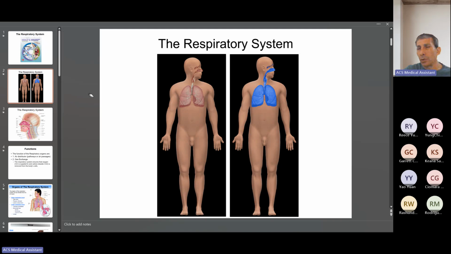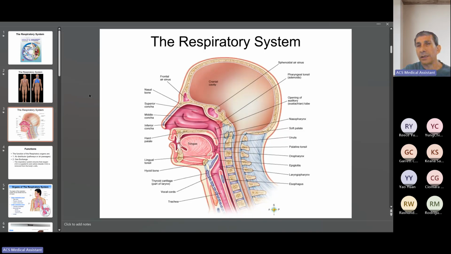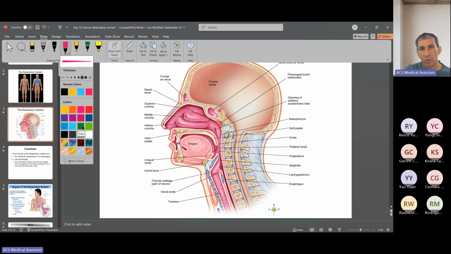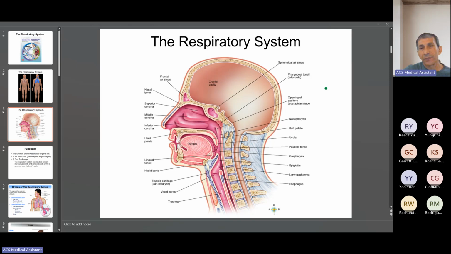So let's see more structures a little more in detail in this image, this diagram, if you will. So here we have, let's use green because everything else we can see. So here we have the nose. So the air enters through the nose.